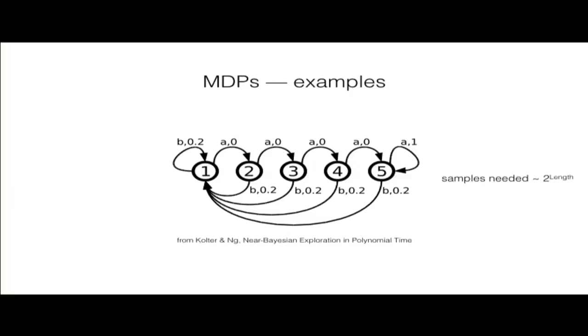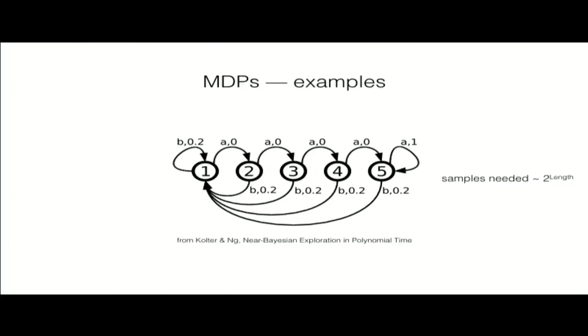If you initialize with a random policy, it's pretty unlikely that you'll make it all the way to the right, because if you choose action B once, you'll go all the way back to the start. Let's say we parameterize this MDP by the number of states. In this MDP, the amount of time it'll take to even get to this last state is exponential in the number of states. And the reward is 1 if you're at this state and you go to the right.